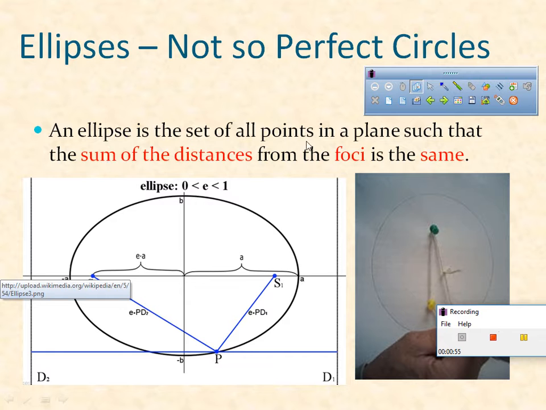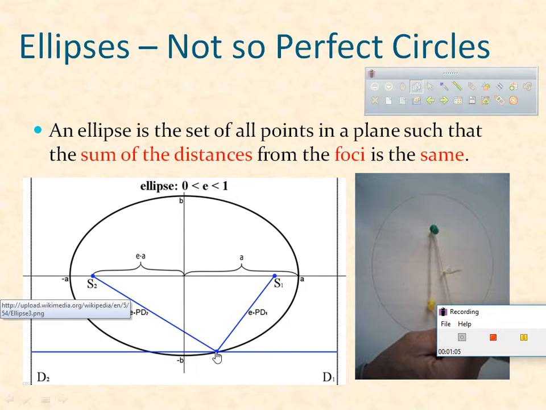So from this point P to that focus, and this distance from that focus, if you add those two together, whatever that value is, that is the same value at every single point on the ellipse.